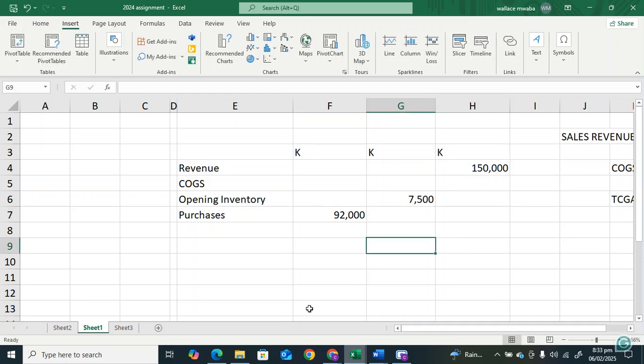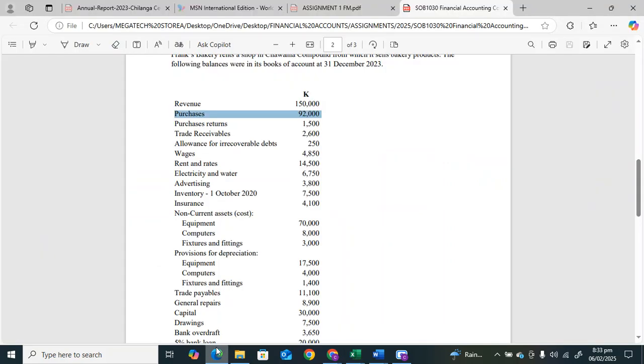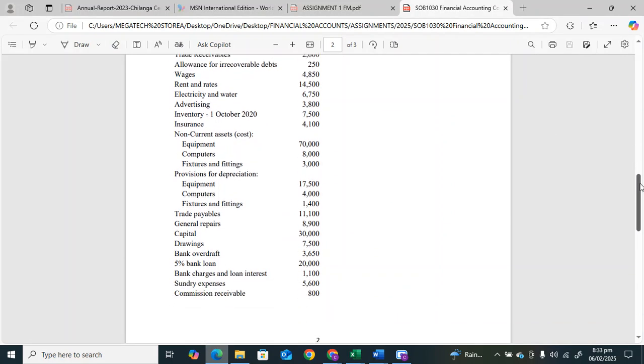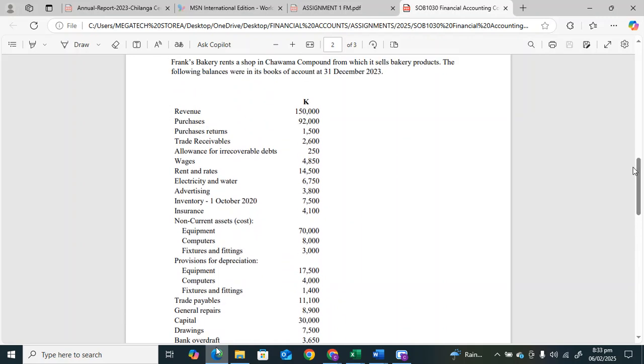Then we've got some adjustments to purchases. I see purchases returns here, but let's see. Do we have carriage inwards in this question here? No, there is no carriage inwards.